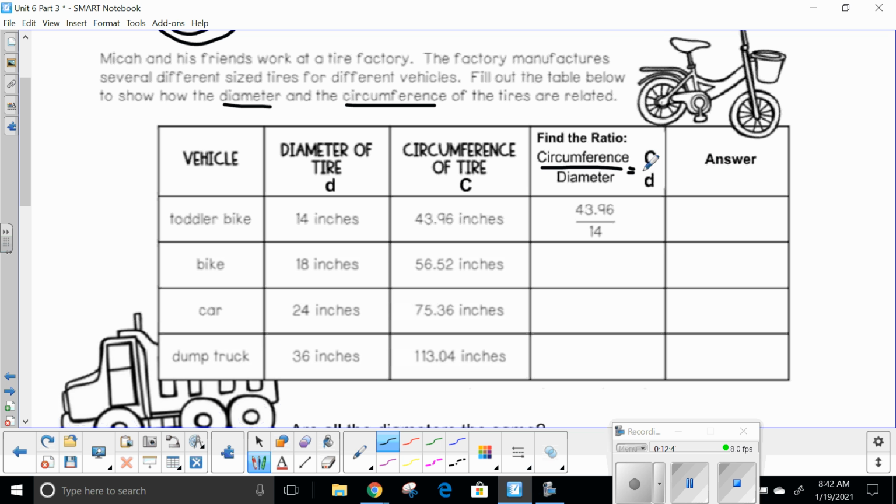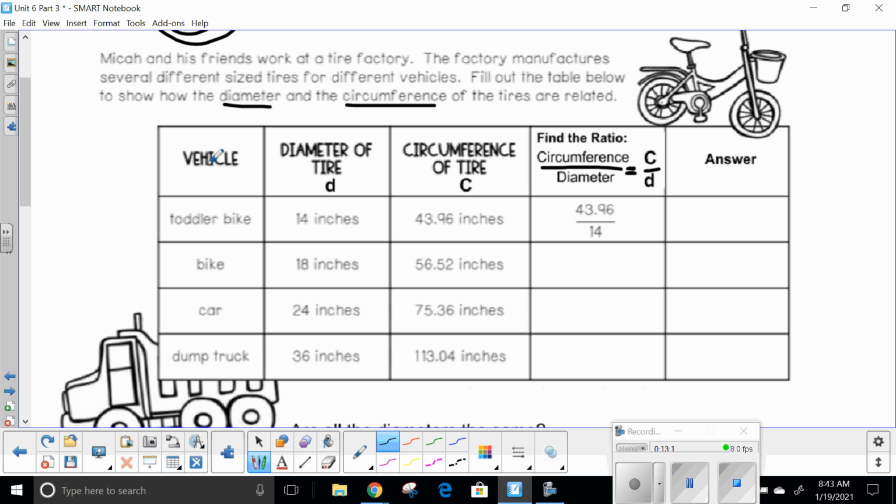Please make sure in your notes, the second to the last column right here where it says find the ratio, please make sure it looks like this. I think I updated it on everybody's packets, but just make sure. It should say circumference, fraction bar, diameter equals C fraction bar over D.